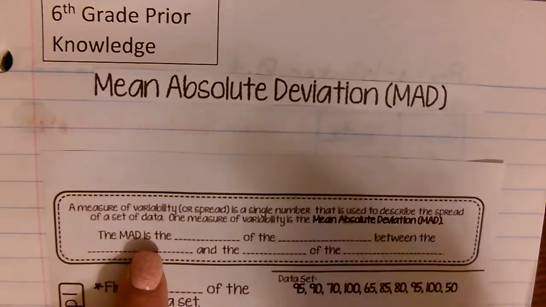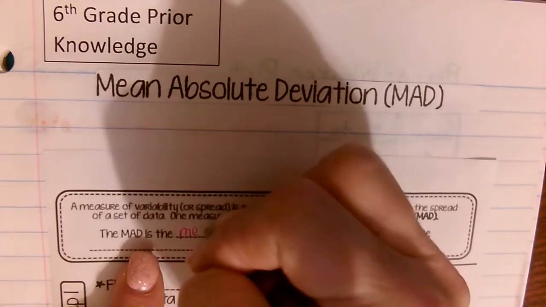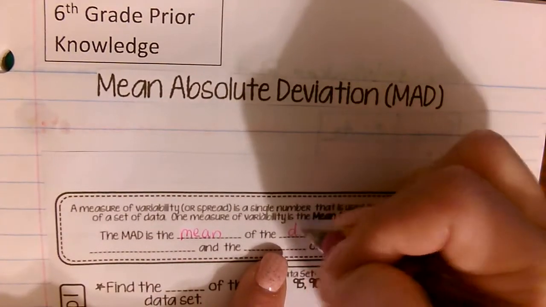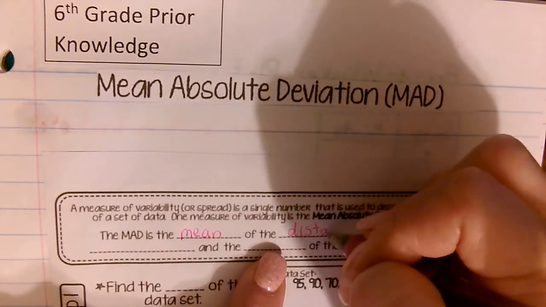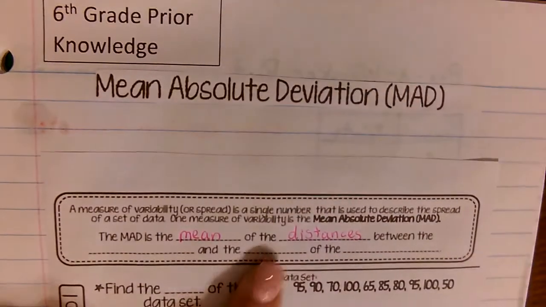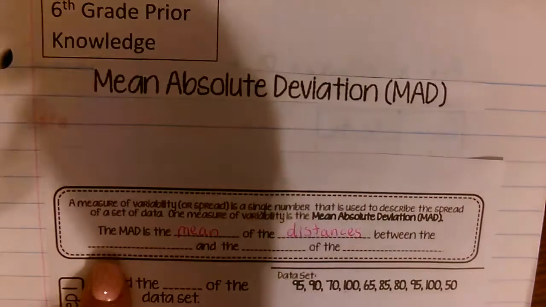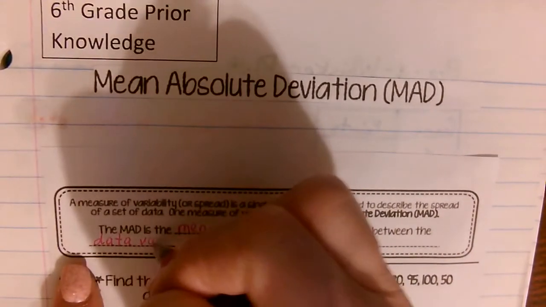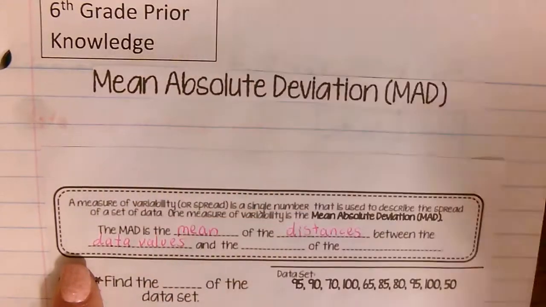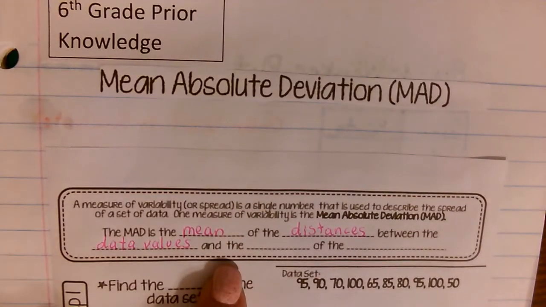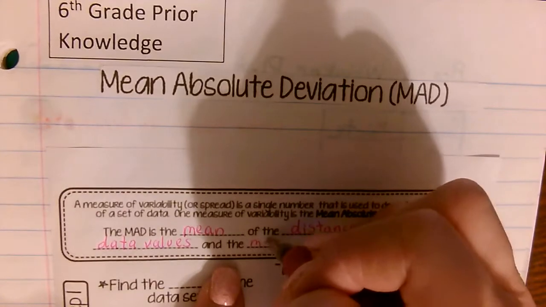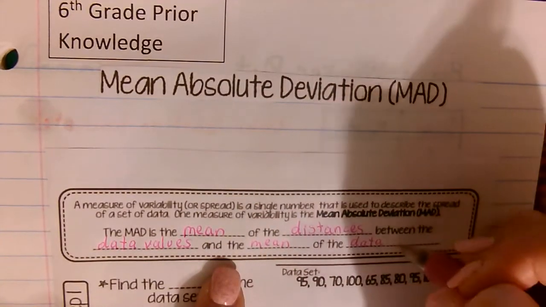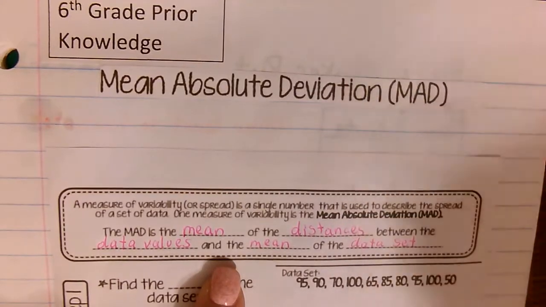The MAD is the mean of the distances between the data values and the mean of the data set. Okay?